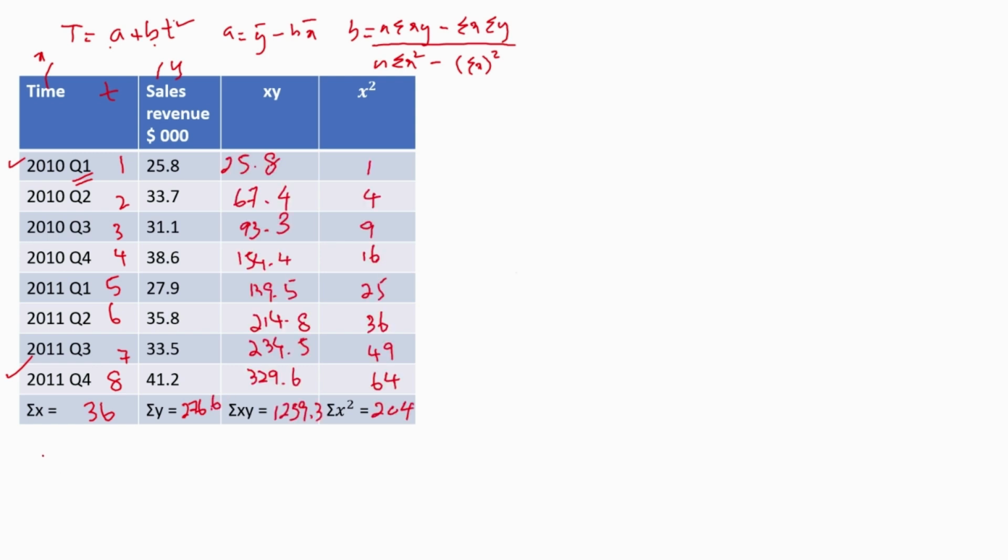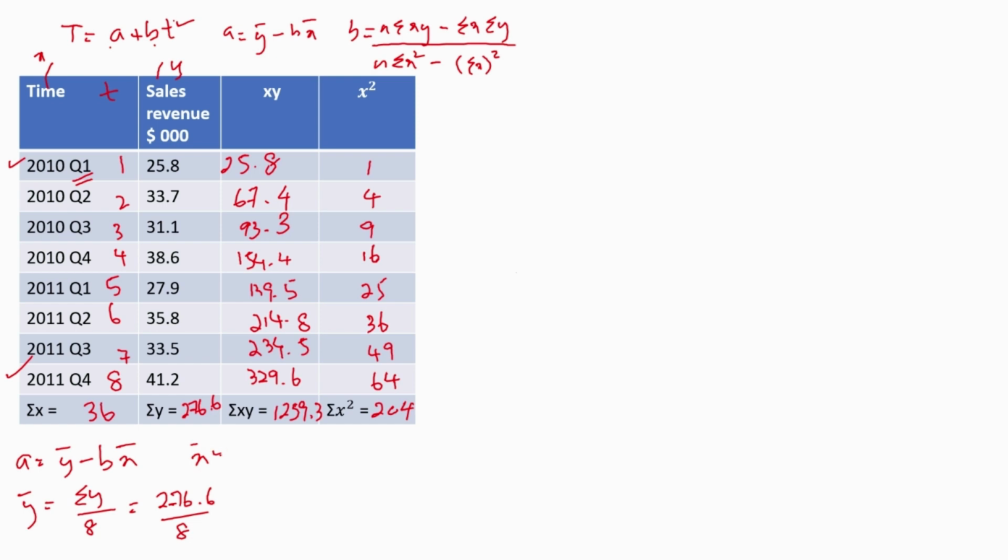Now we can calculate the a and b values. A value equals y bar minus b x bar. Y bar is the average of y values. Sigma y divided by the number of y values, 8, which equals 276.6 divided by 8.